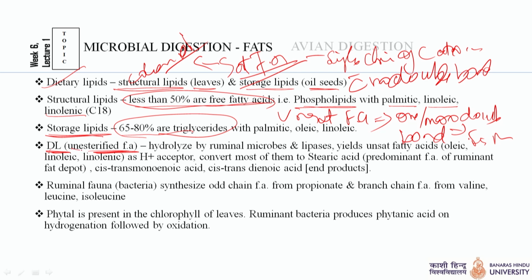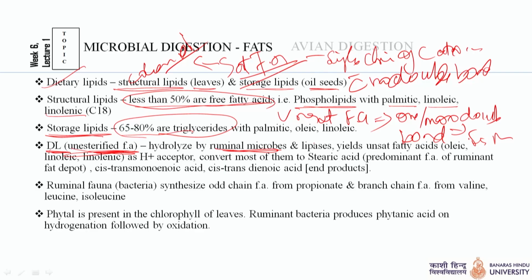Dietary lipids, that is unesterified fatty acids, are hydrolyzed by the ruminal microbes, and these microbes release different enzymes. We have seen this even in the fermentation of carbohydrate as well as protein, where enzymes are released by the microbes. Similarly, here also these microbes release an enzyme, lipases.